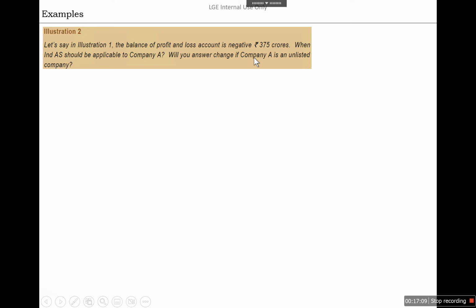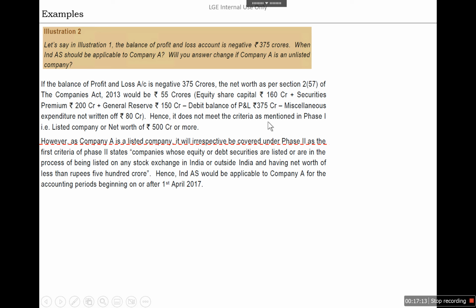Will your answer change if company A is an unlisted company? In the case of a listed company, it will be covered irrespective of net worth in phase 2, because in phase 2 all listed companies have to be covered.